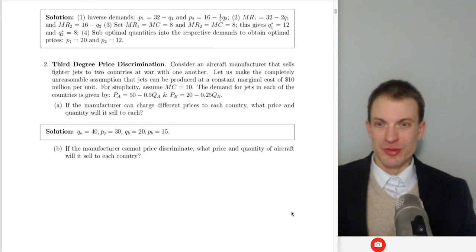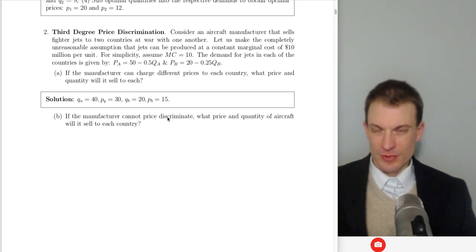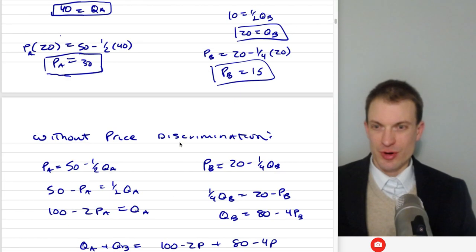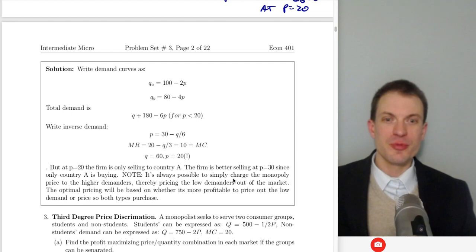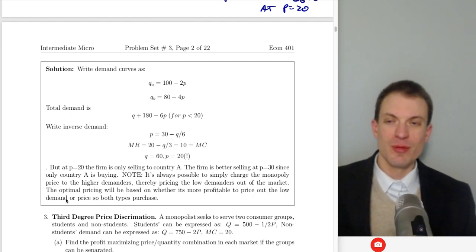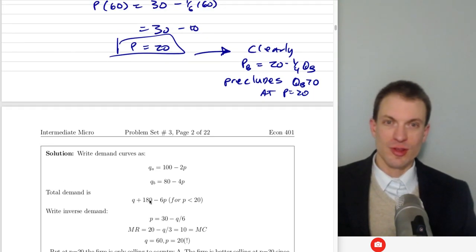And so that was this comment down here. Note, it's always possible to simply charge the monopoly price to the higher demanders, thereby pricing the low demanders out of the market. The optimal price will be based on whether it's more profitable to price out the low demand, setting a price of 20 so that segment B isn't buying, or to price so that both types purchase.